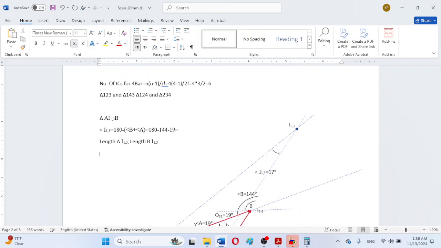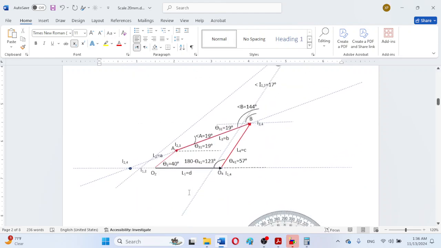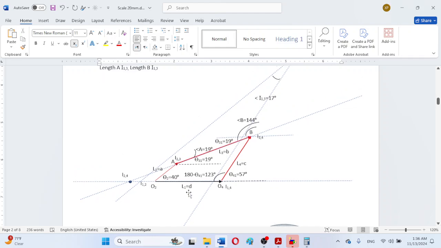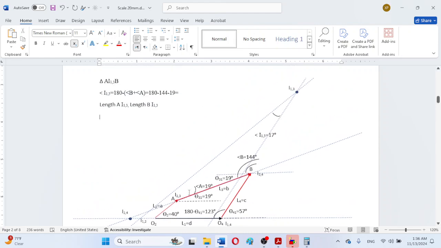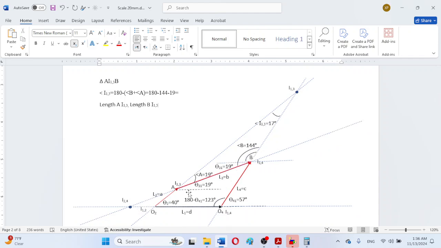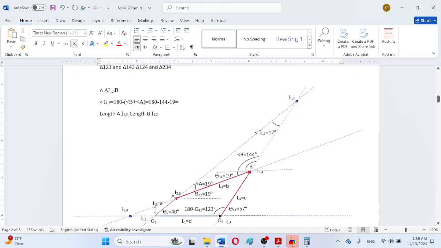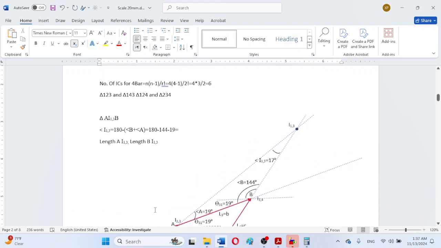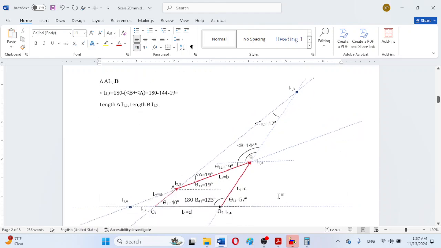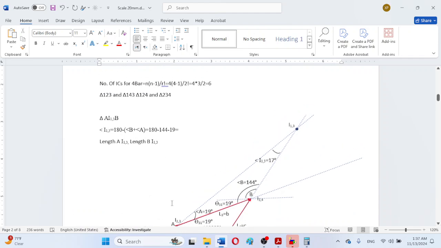So for your ease, as we can observe, if we press enter in this way, the diagram is distorted. So I have done undo.